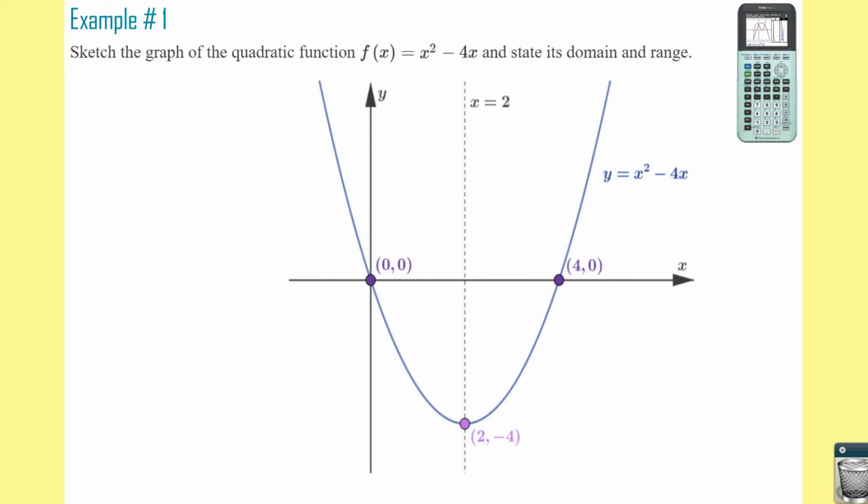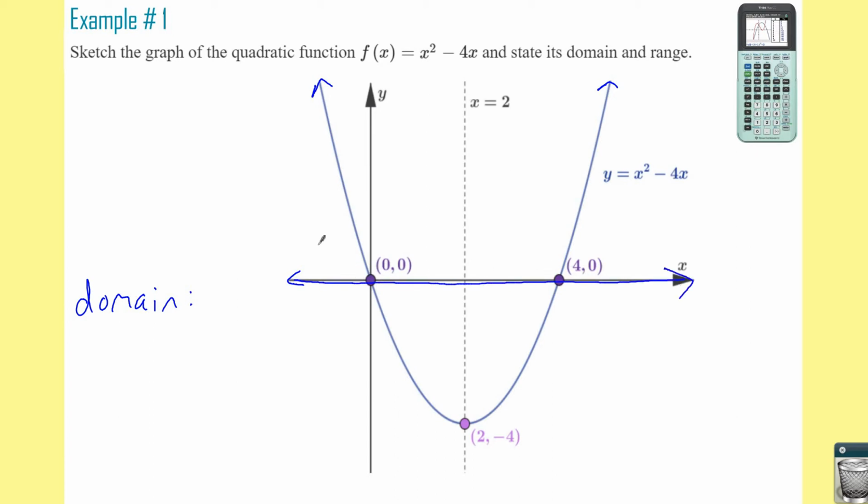Now we want to state the domain and range. Again, Cognitive doesn't do a very good job with this part, guys. I would put arrows on these. We know that function goes on forever. So for our domain, we're looking at our x-axis, left and right.